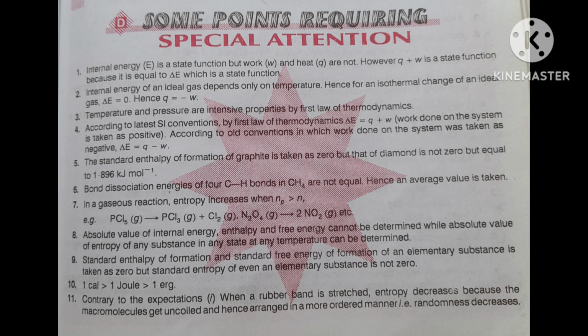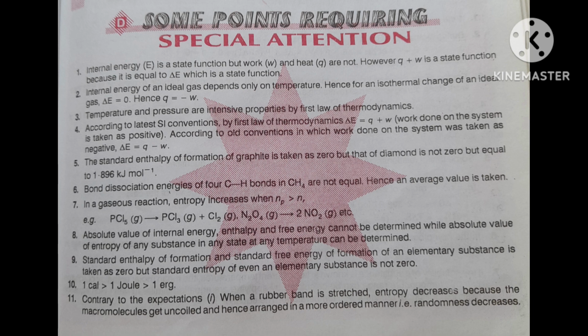Then, when we put delta E as 0 in delta E equals Q plus W, it means Q plus W is equal to 0, meaning Q is equal to minus W.